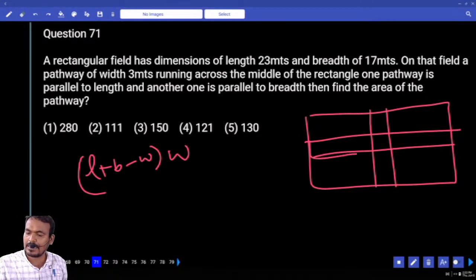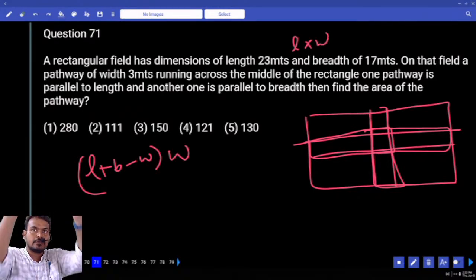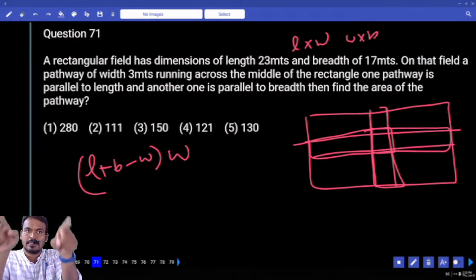First, what is the length side area? L into W. What is the breadth side path? Breadth into W. What is the cross section of two paths? Width into width. What is the length side path? L into W. What is the breadth side path? W into B. And what is the cross section of the middle two?